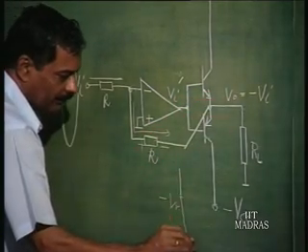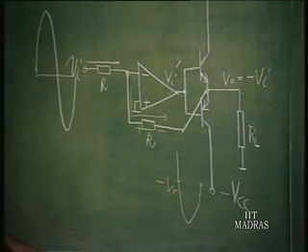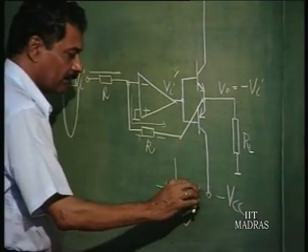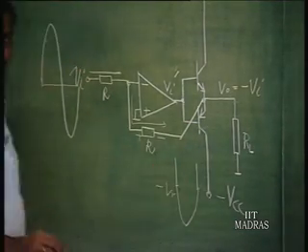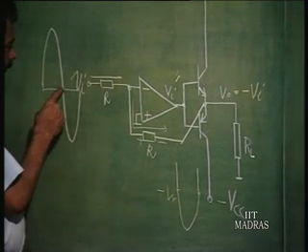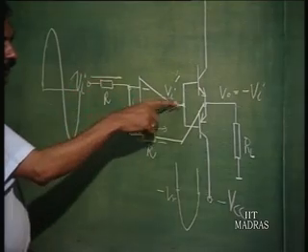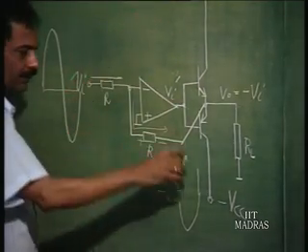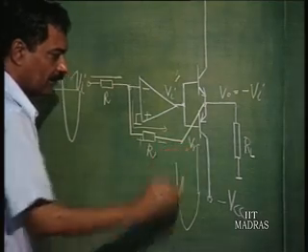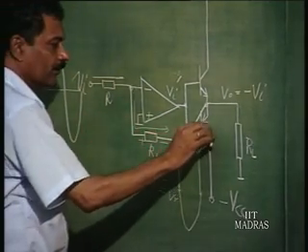Again the moment this voltage comes towards 0, the feedback is broken, and the moment this goes negative slightly, the output will try to go to positive saturation. So, again there is a jump of V gamma, and thereafter there is negative feedback and it follows.